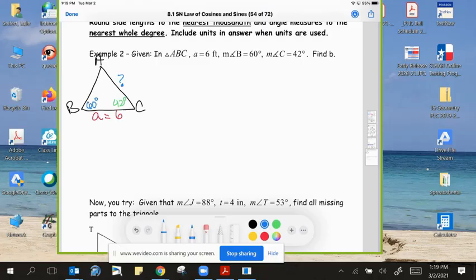To use law of sines, we would need one side and one angle opposite from each other to be known.